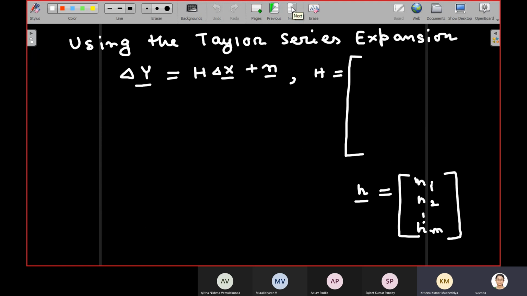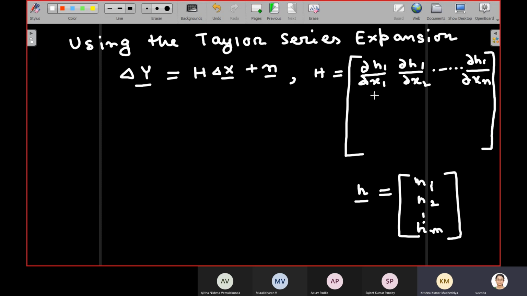How do we find capital H? Since we are doing Taylor series expansion, if we go by the definition, we have n columns because x is of dimension n. And we have m rows.